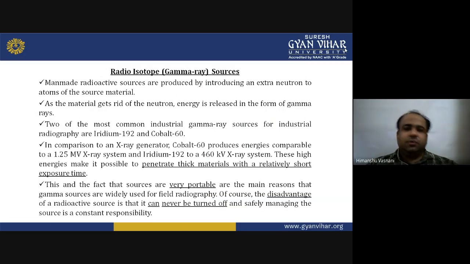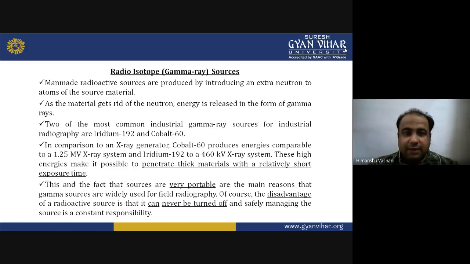Then radioisotope gamma ray sources. This is also an important topic in radiography. Now we know that man-made radioactive sources are produced by introducing an extra neutron to atoms of the source material. I repeat, man-made radioactive sources are produced by introducing an extra neutron to atoms of the source material.